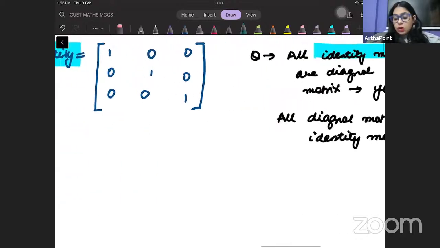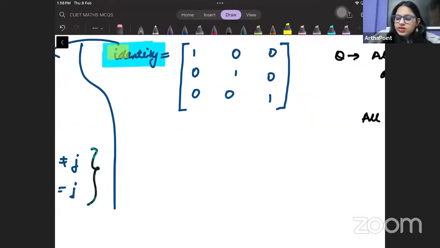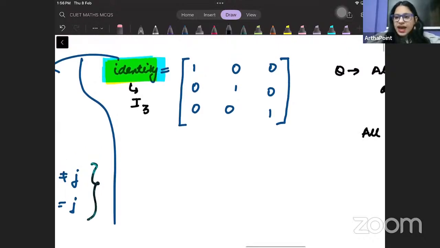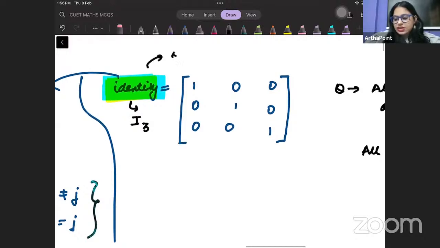Okay. Now, once we know what an identity matrix is, I can go ahead and multiply. We write it like this: I3. See, this has to be a square matrix. Identity matrix means that it is a square matrix. When I say I3, it means that the number of rows and columns are 3.